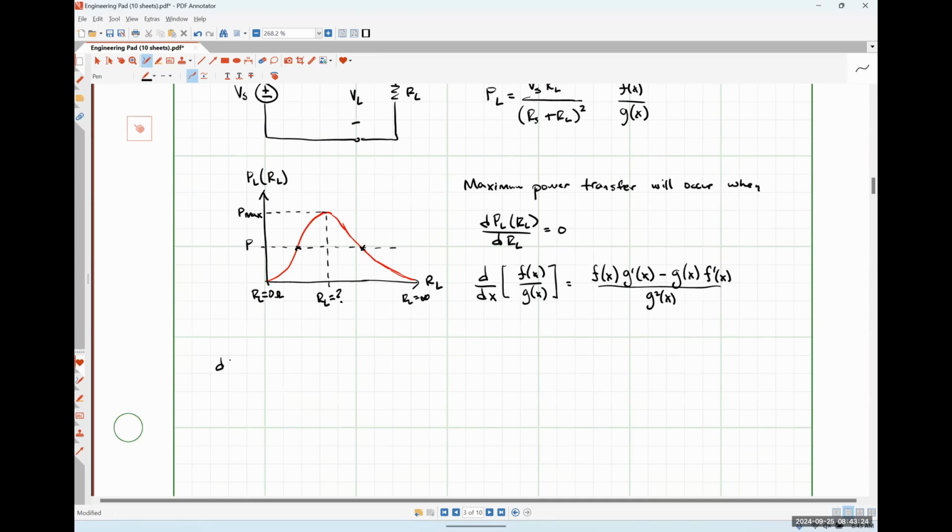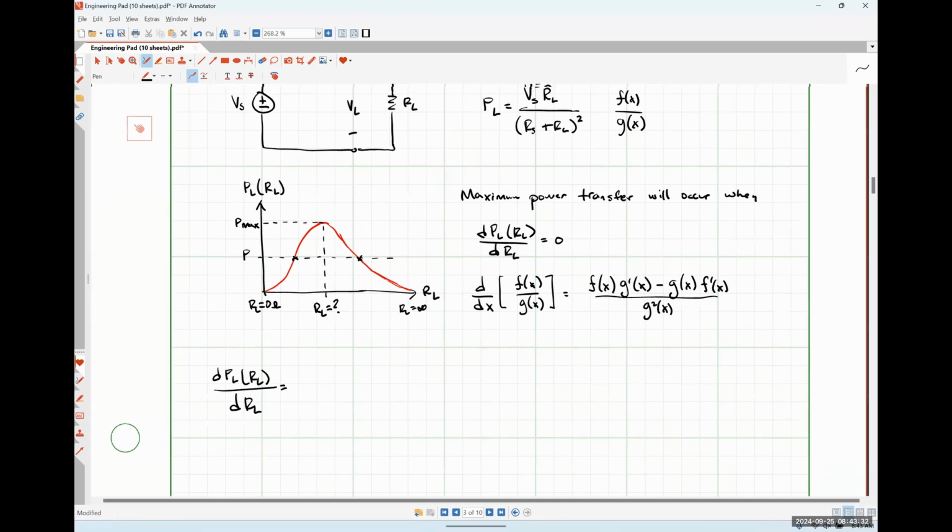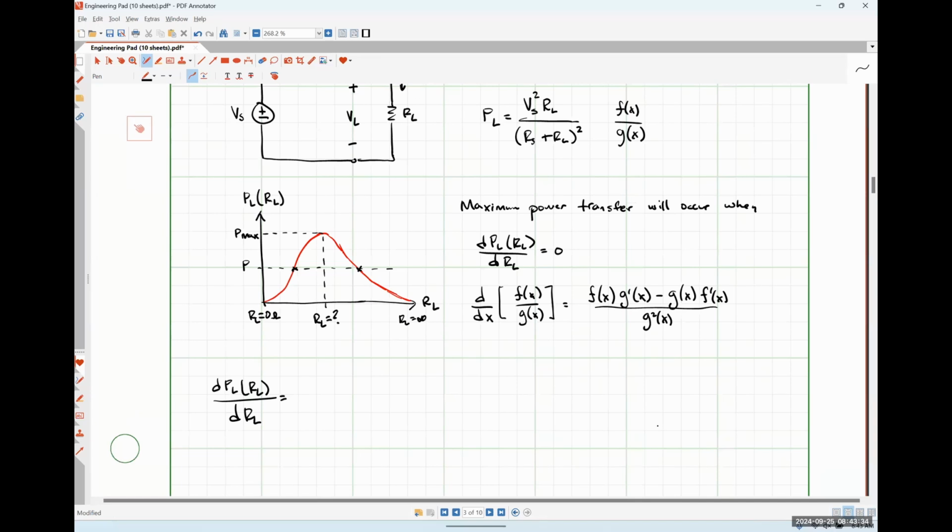The derivative of PL with respect to RL should be Vs squared times RL, what's the derivative of Rs plus RL quantity squared going to be?